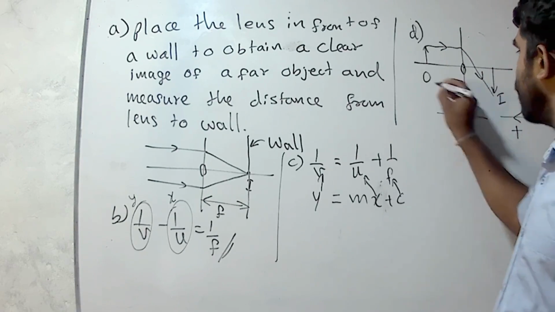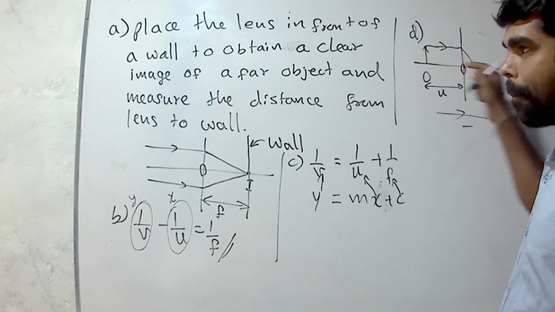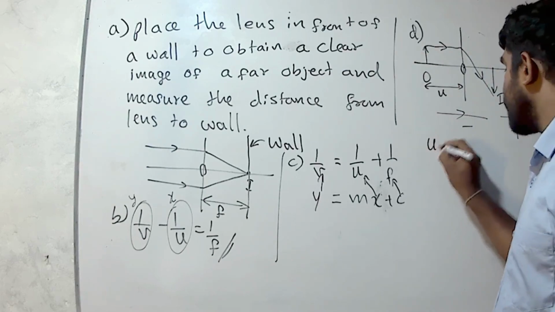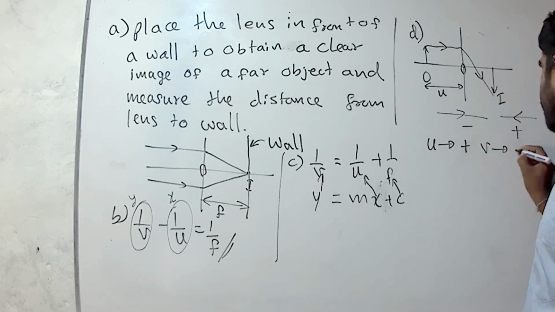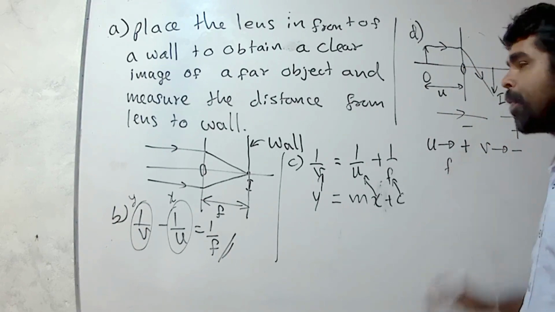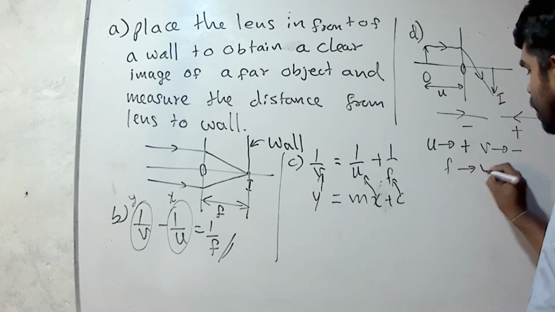When considering u, it is this one. It is a plus value. Then u is plus, v is minus. And we know that the focal length of a convex lens is always minus.